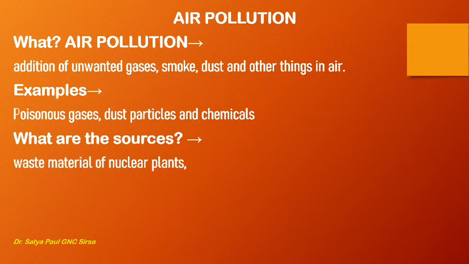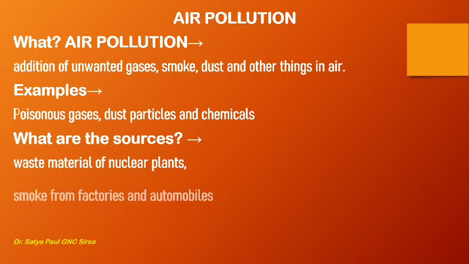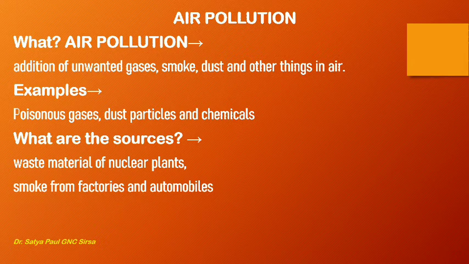The sources are waste material of nuclear plants, which adds unwanted things to the air, and smoke from factories and automobiles, which is definitely a big source of pollution being added to the air.